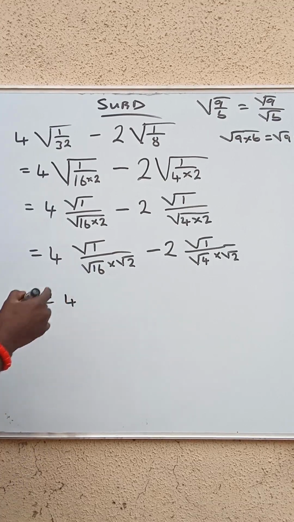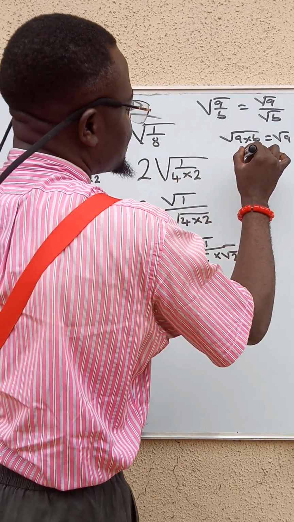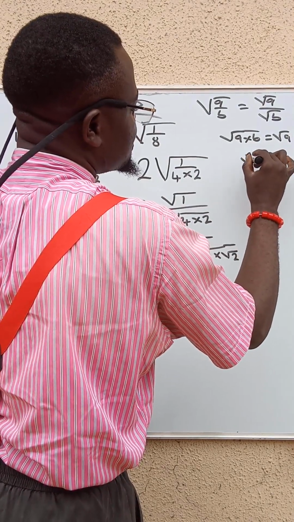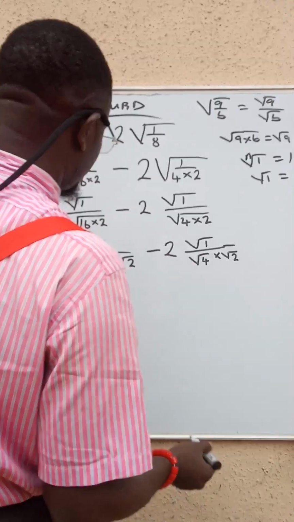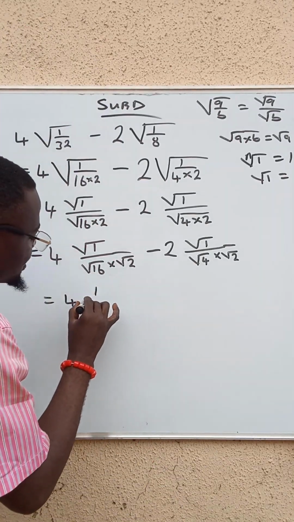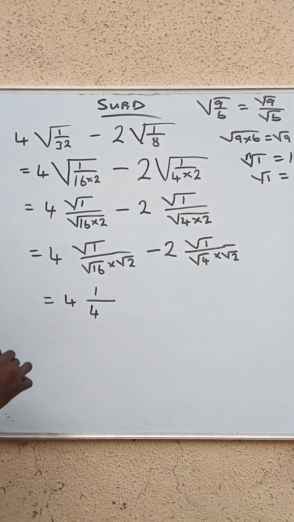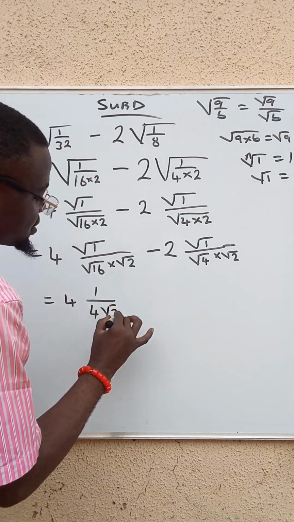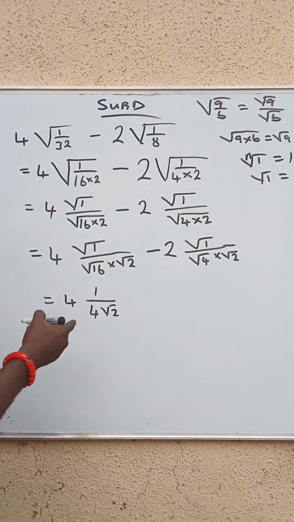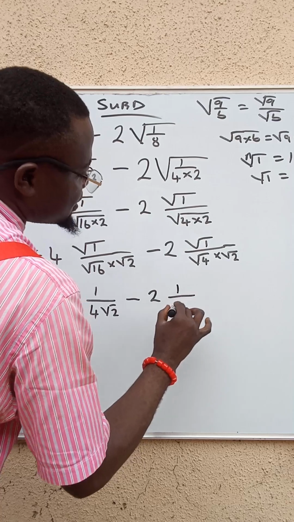So this will now give me 4. You know, root 1 is 1. The root of 1 is 1. So I now have 4, 1 over root 16, which is 4, root 2, minus 2, root 1 is 1.